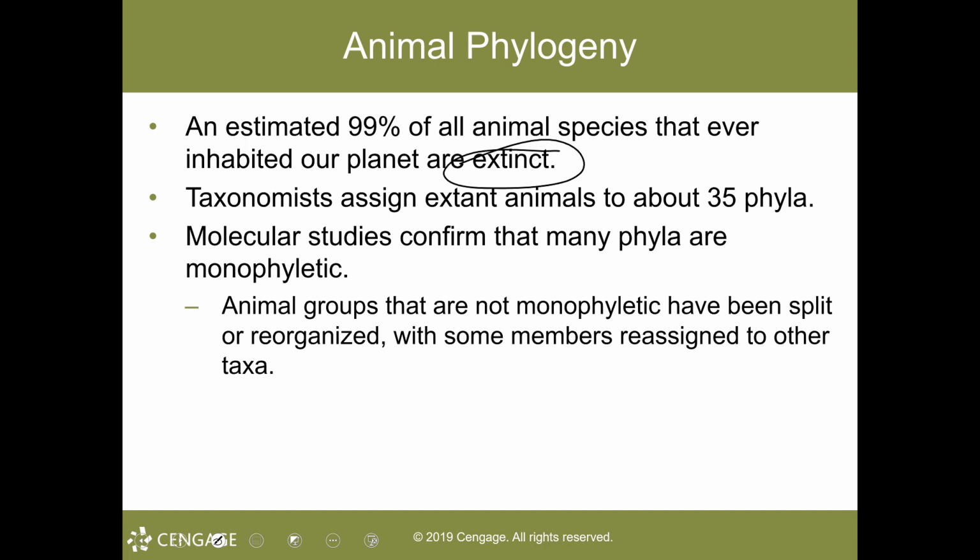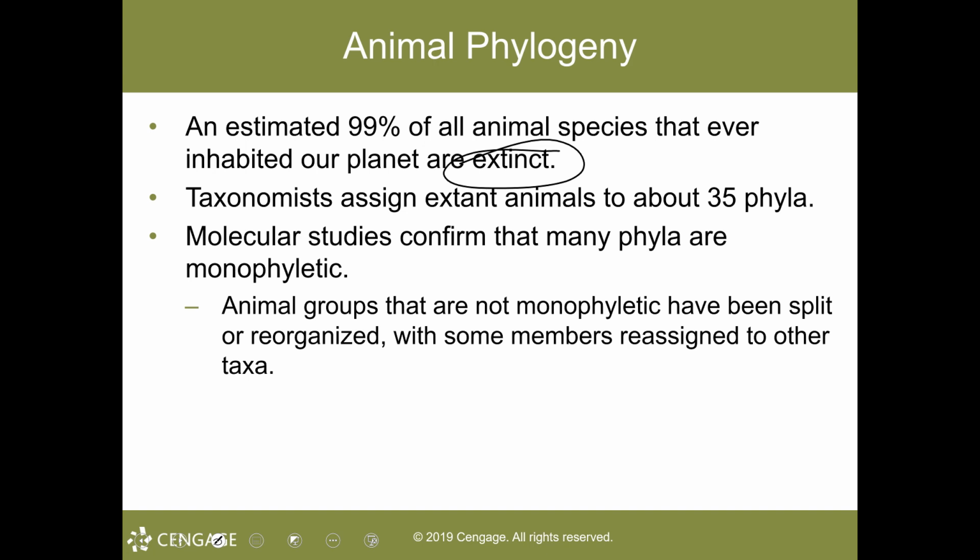With that being the case, taxonomists have assigned extant animals to about 35 major groups, or 35 major phyla, and molecular studies have confirmed that many of these groups are monophyletic. That is, all descendants and only descendants have a common ancestor.